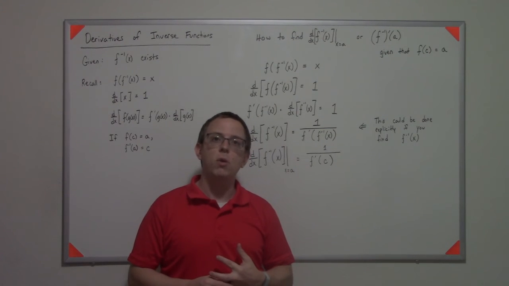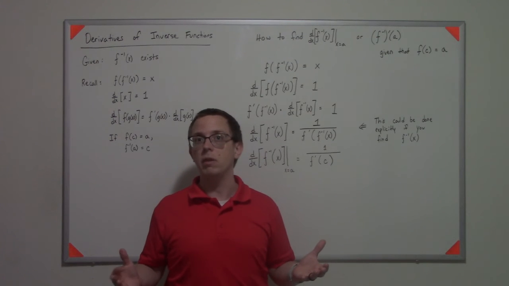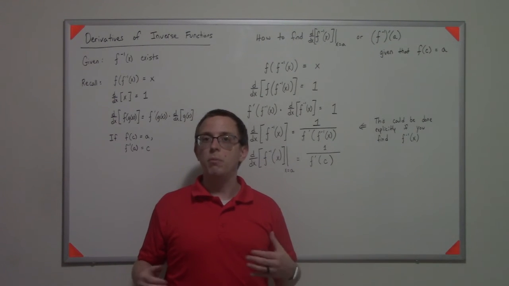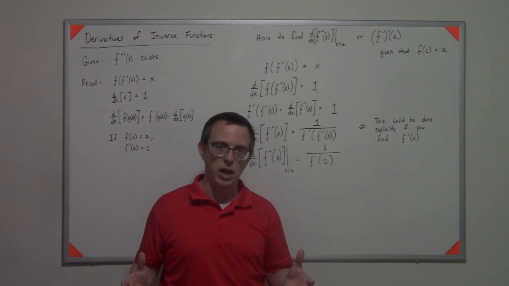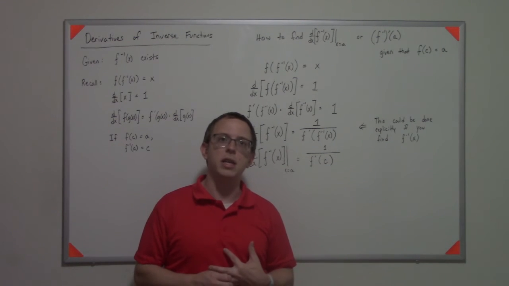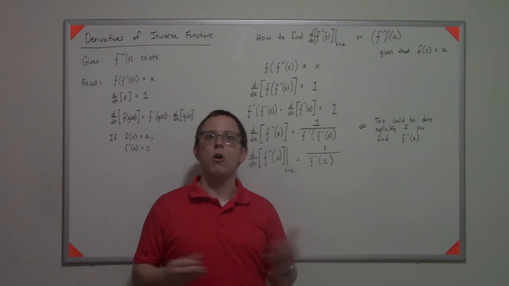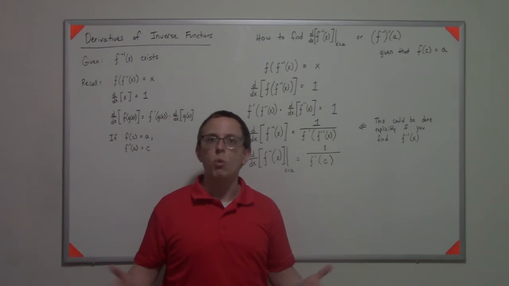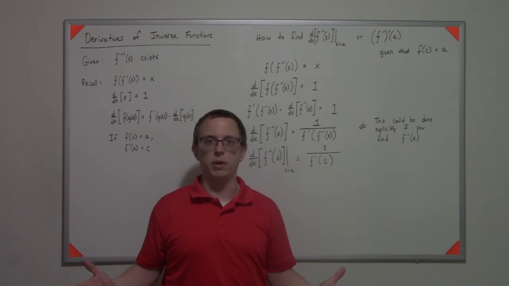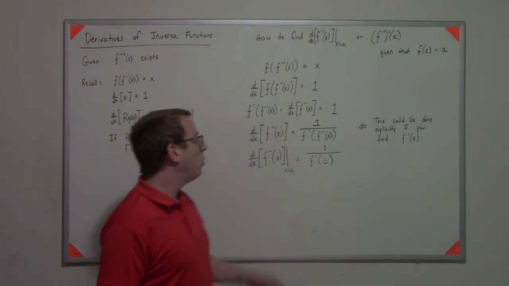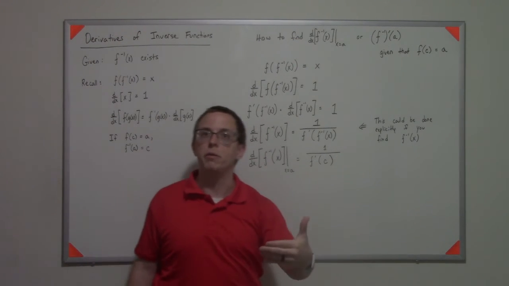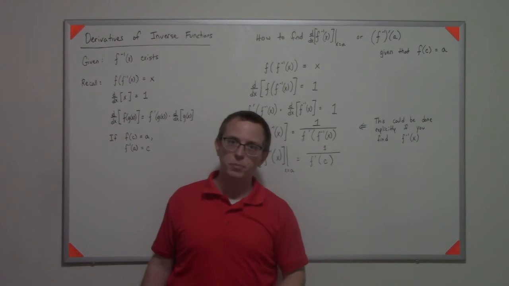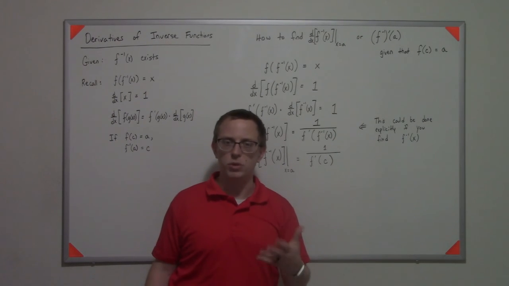So you really don't have to take the derivative of the inverse function, because sometimes the inverse function itself is just nasty. Like what we're going to find is things like arc sine, the inverse sine function. What would that even mean to take its derivative directly? We don't know, but we can use something like this to figure out what the derivative of arc sine actually is, or the inverse sine function, same thing.